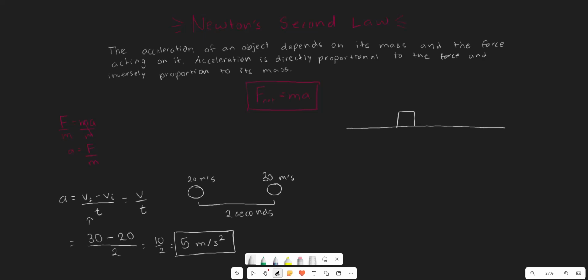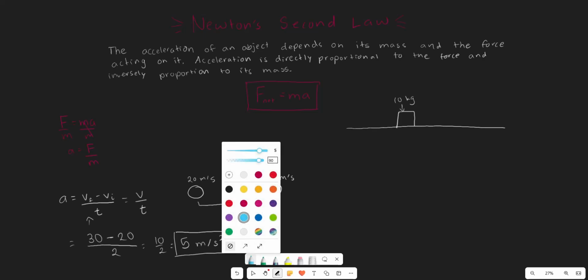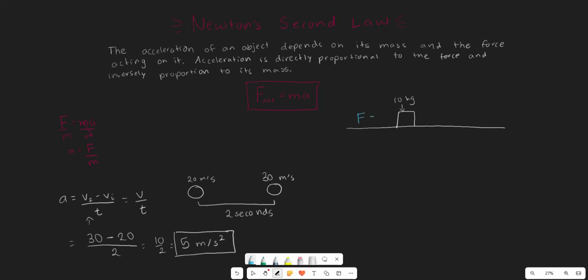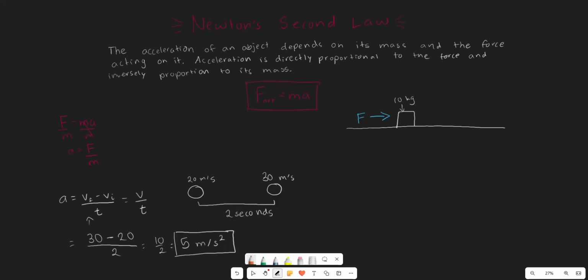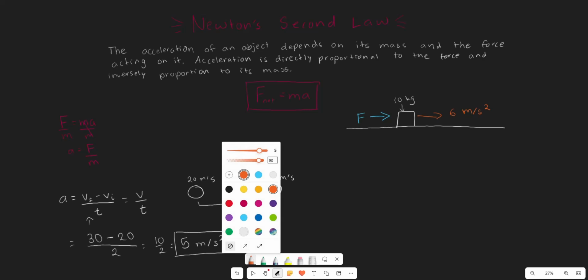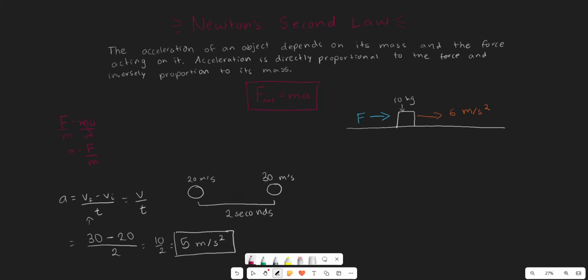So let's start with an object on a surface. The object has a mass of 10 kg, and a force is applied to it, and the object produces an acceleration of 6 meters per second squared. What is the force that's acting on the body?